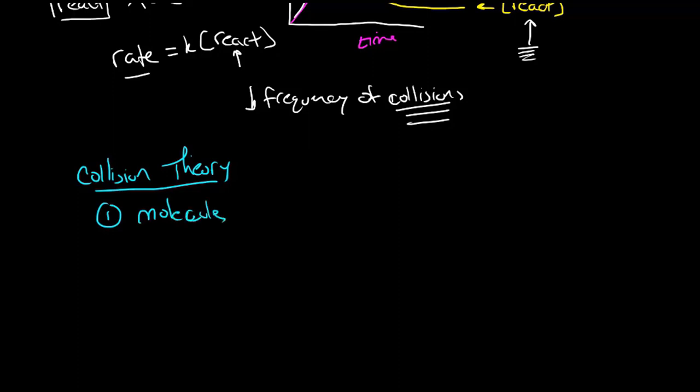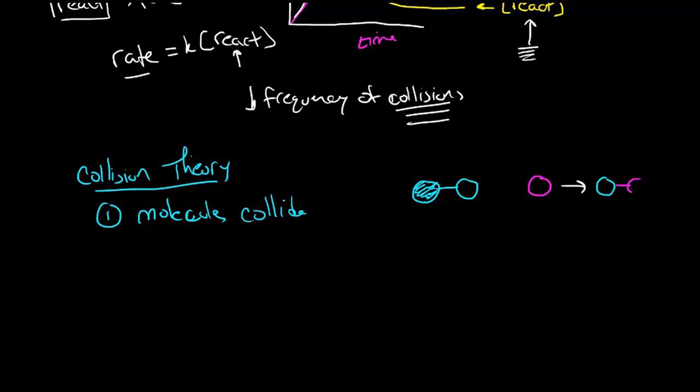Molecules collide. So if we have our reactants, let's say we have this compound made of two different types of atoms, and we want it to interact with another compound, a different compound, and when they react, we have this kind of exchange, so we end up with, let's say, the two hollows together.